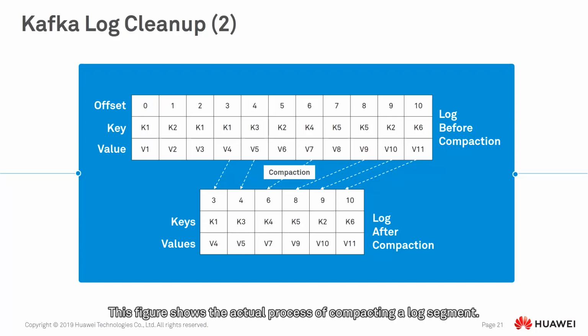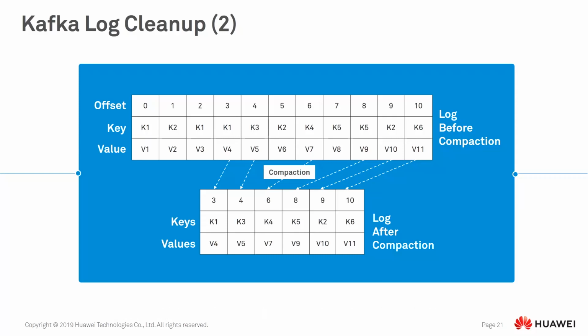This figure shows the actual process of compacting a log segment. The upper part is the logical structure of a Kafka log, with the offset for each message. A message contains a key and a value. A key could have more than one value because messages will be updated.